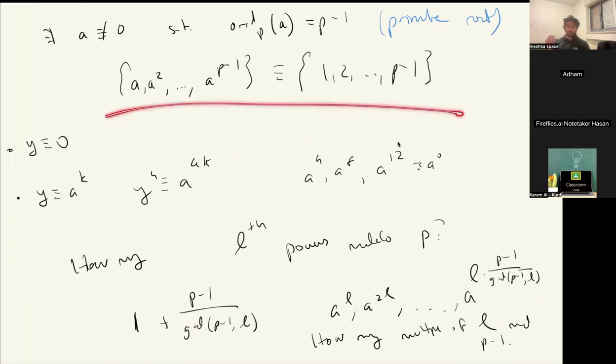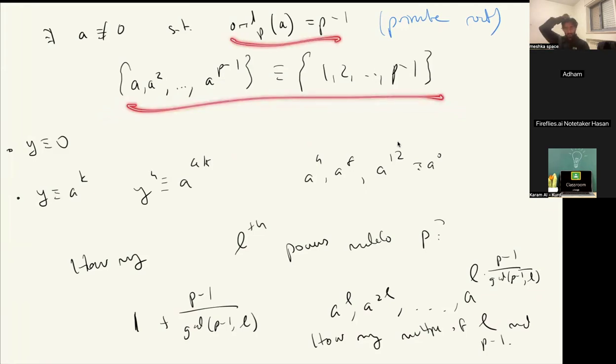So that's equivalent to being a primitive root. Yes, that's the idea. From the primitive root, this follows, right? Yes.